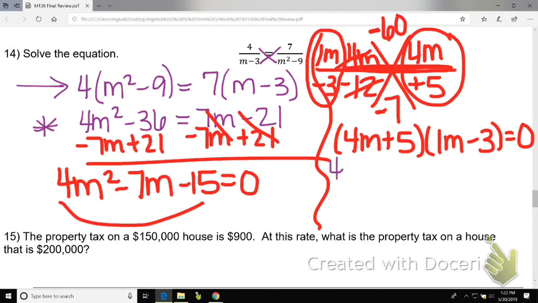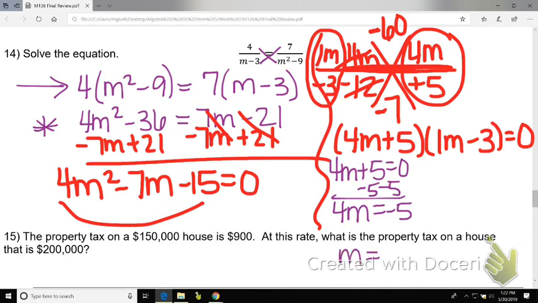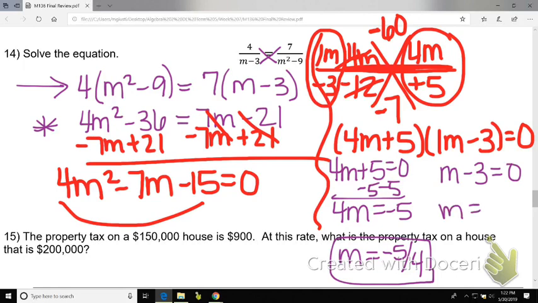So we'd have 4m plus 5 equals 0. And I'd subtract 5. 4m equals negative 5, which means m is, I put negative 5/4 because I like to leave mine as a fraction. It is negative 1.25. And then the m minus 3 would give me m equals 3.